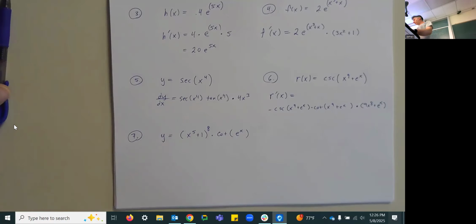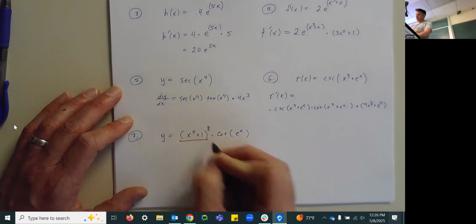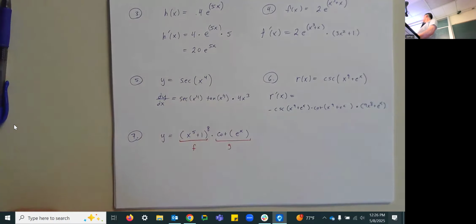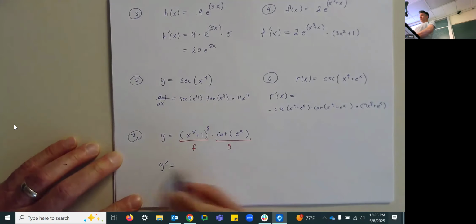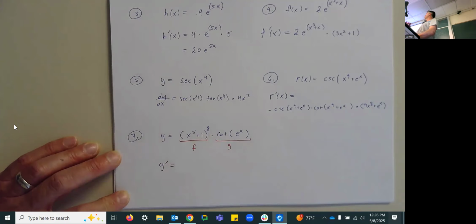And if it's helpful, it is always totally okay to label these as f and g if you want, so that you can remember the product rule says it's going to be f prime times g plus g prime times f. So when I start taking the derivative, first f prime. For the derivative of (x to the 5th plus 1) to the 8th, I have to use the chain rule.